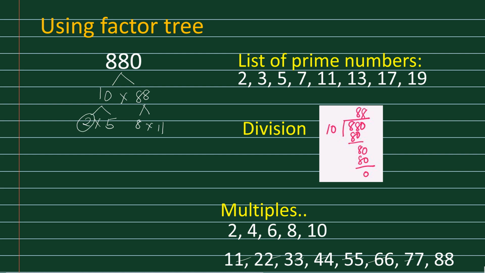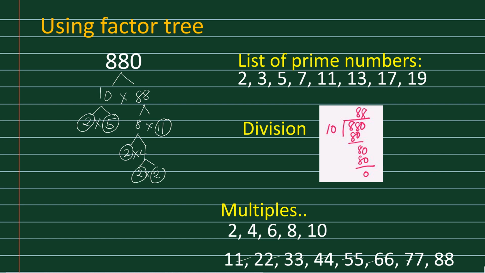We have 2 as prime, 5 as prime, 11 as prime. So we only have 8 here. So 8, that is 2 times 4. Here you have 2, 4, 6, 8. So 4 pieces of 2. 2 is prime. And you need to factor 4 here, which is 2 times 2.